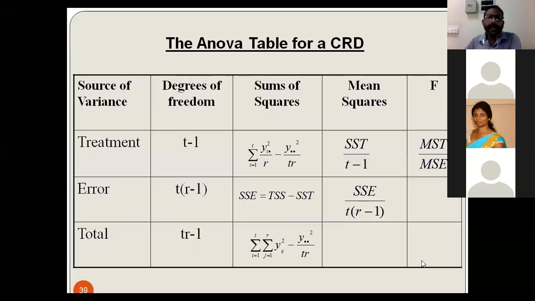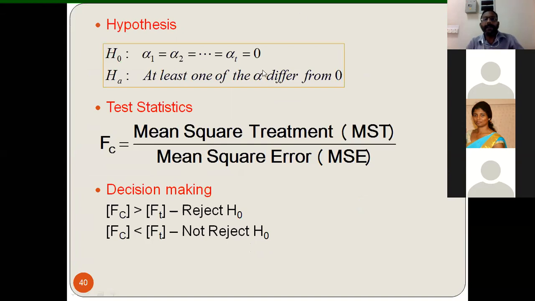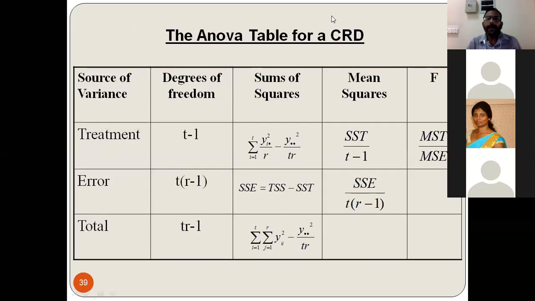Now we will further discuss our ANOVA table. Any questions? So this is the expansion of the treatment sums of square, minus, can you remember we have seen something like this, the grand total.